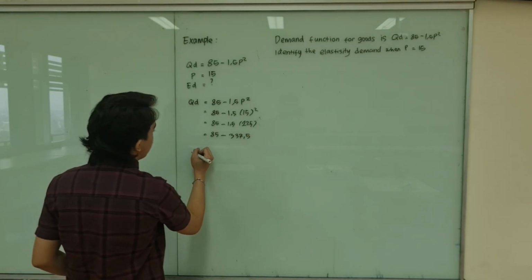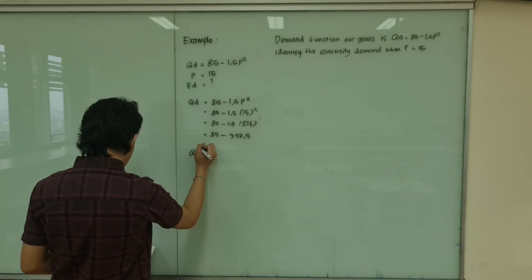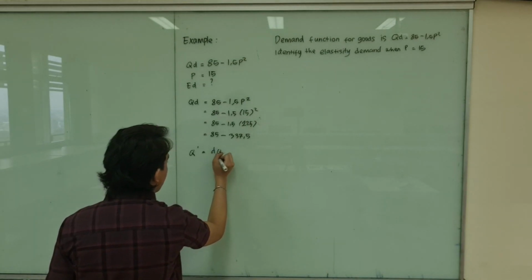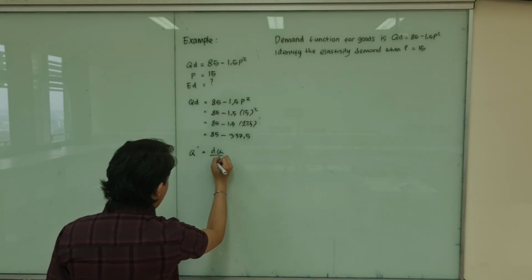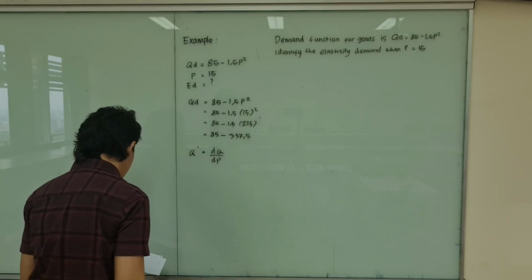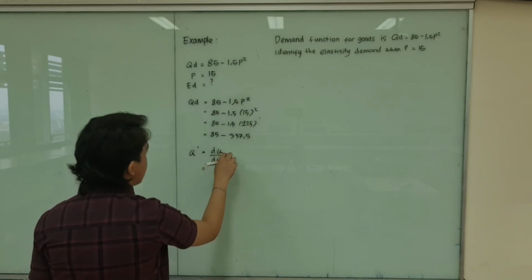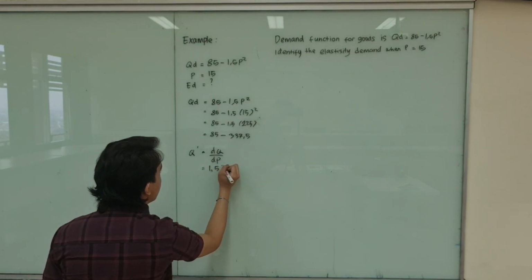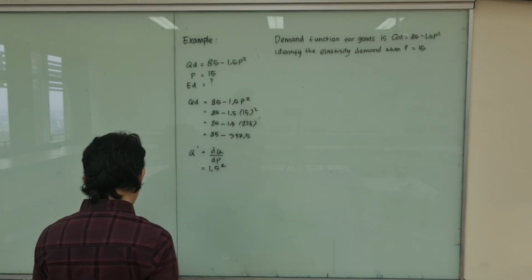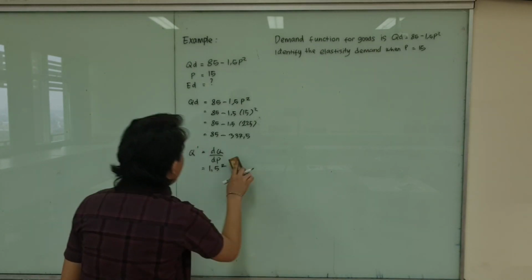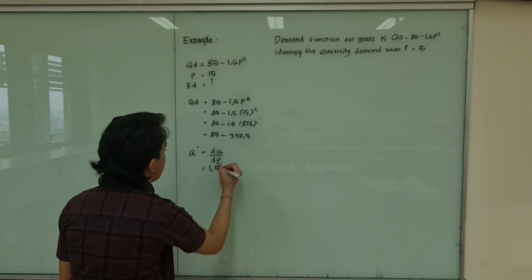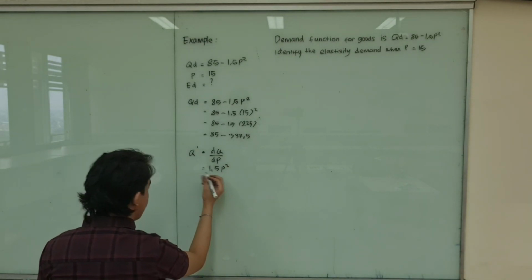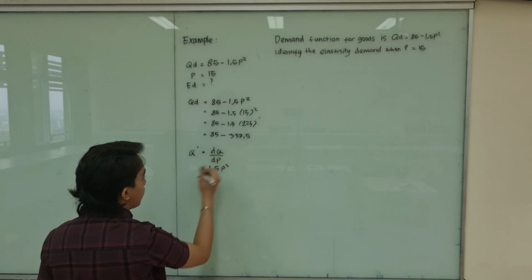Now we derive it. The derivative of demand Q with respect to price is 1.5. And then the next one is to move from here to here.